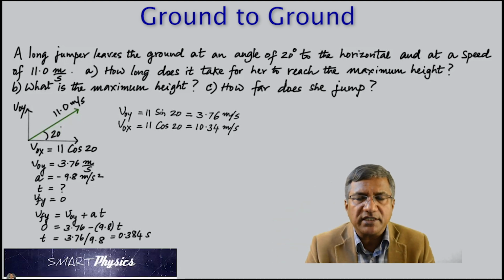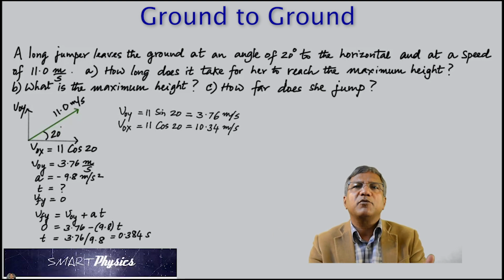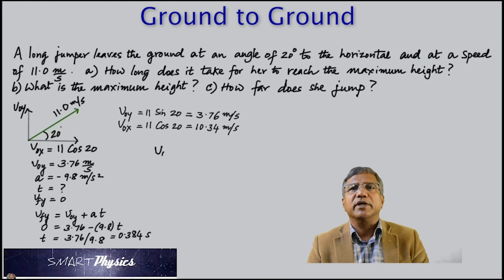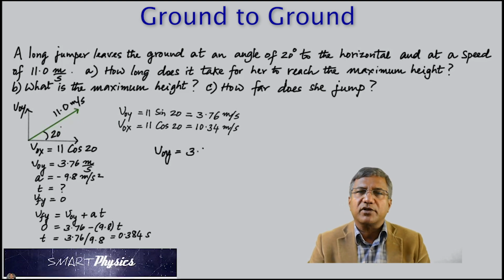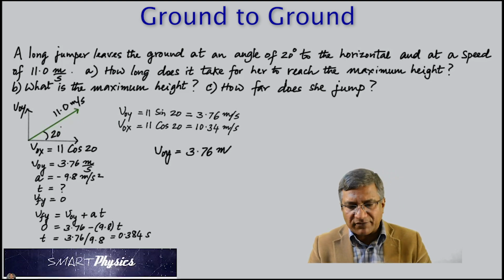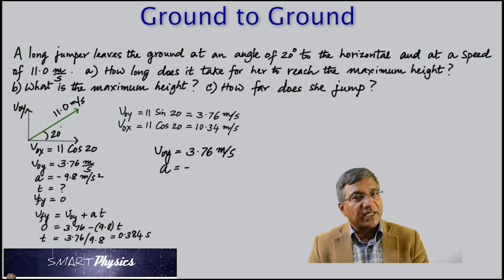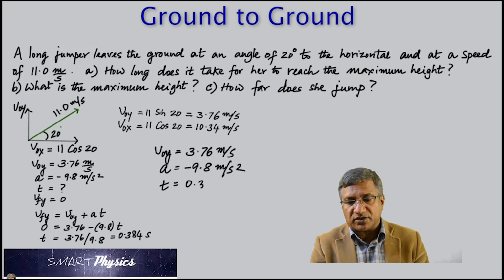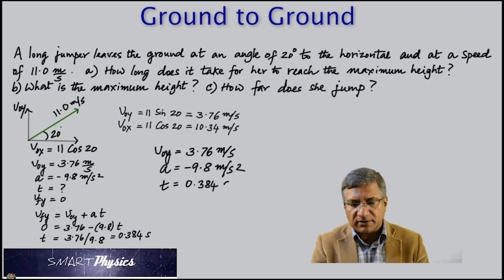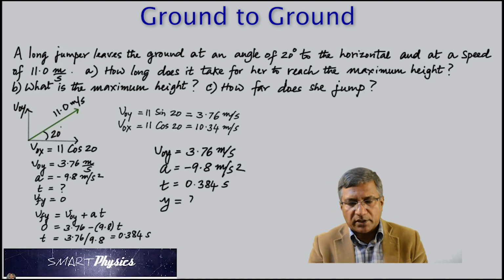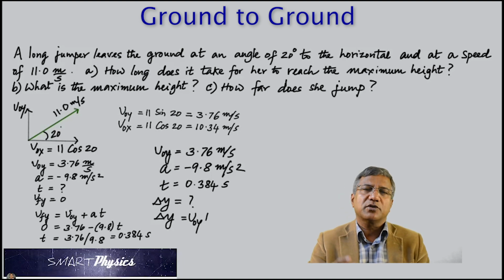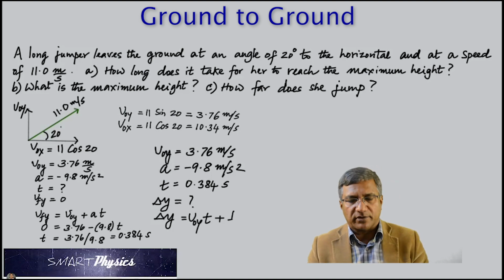Next part, what is the maximum height? Again, we use the y quantities. We know the initial y velocity is 3.76. We know the acceleration, negative 9.8. And we did find the time to reach that maximum height. And we can find y. So y is what we're trying to find. This time the formula is different.